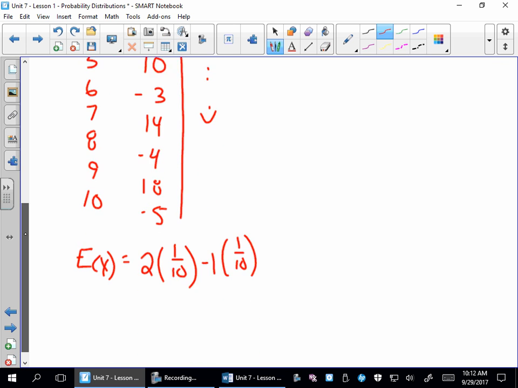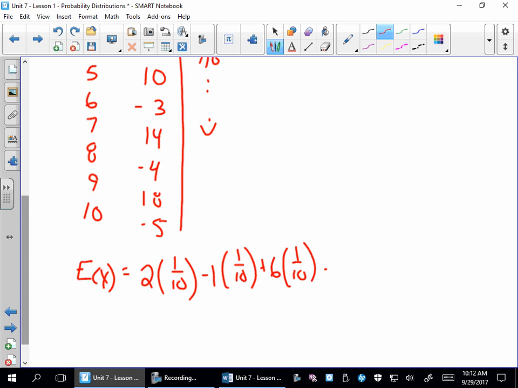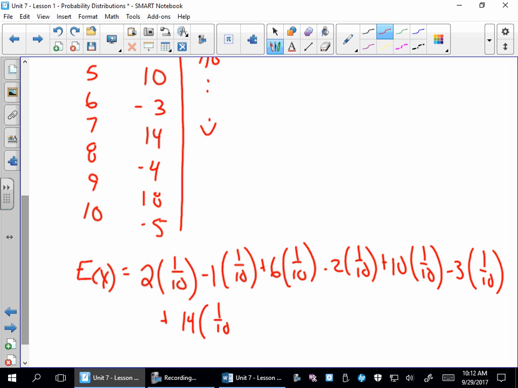And then I move forward 6, 1/10 of the time. And then backwards. I'm going to do all these ones here, right? 2, 1/10 of the time. And then forward. And then backwards. Next row. Forwards. Backwards.